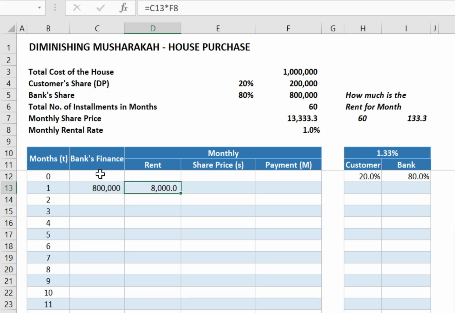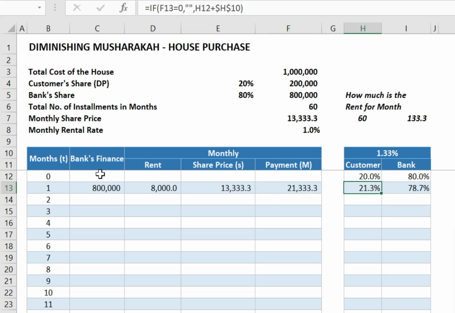So that is 8,000 pesos. Then the share price is fixed, and that is 13,333.3. The total payment is simply the sum of the monthly rental payment and the monthly share price, and that is 21,333.3.